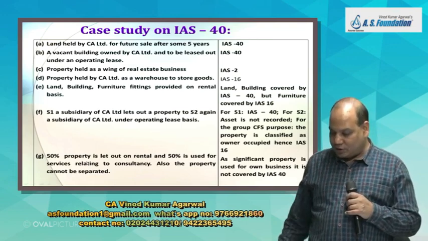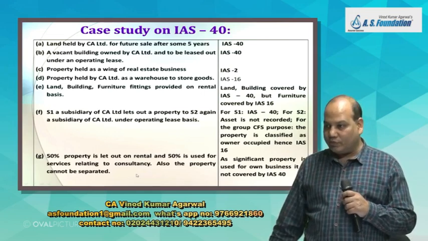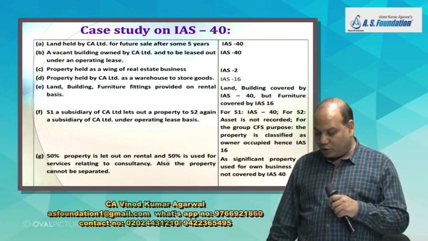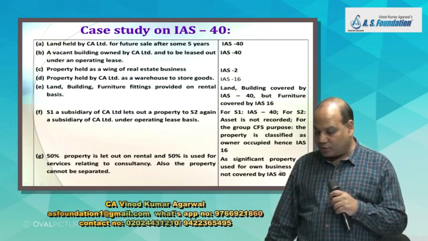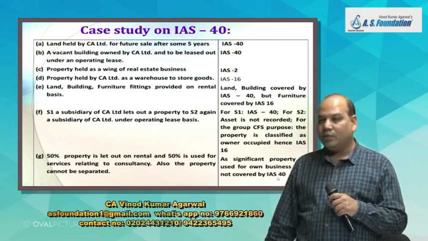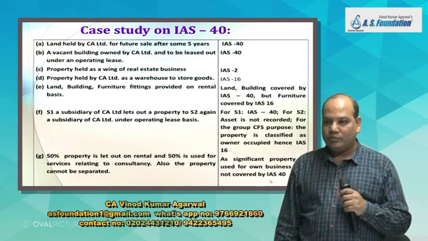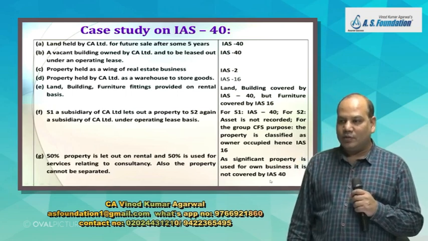So the standard says in this case you are using a significant proportion of the property. 50% is significant, and the property cannot be sold independently. So the answer is, as significant property is used for own business, it is not covered by IAS 40. It will be accounted as OOP. Not covered by IAS 40 means IAS 16 will apply.